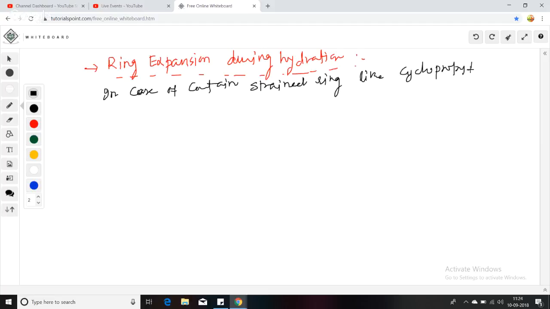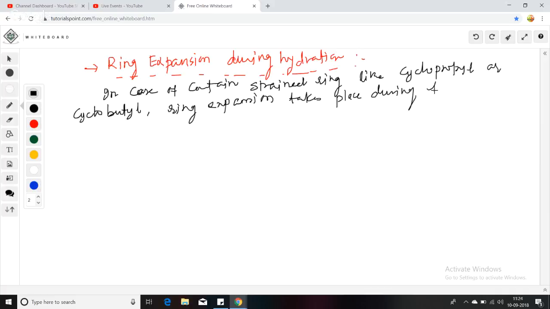Strained rings like cyclopropyl or cyclobutyl, ring expansion takes place during hydration.